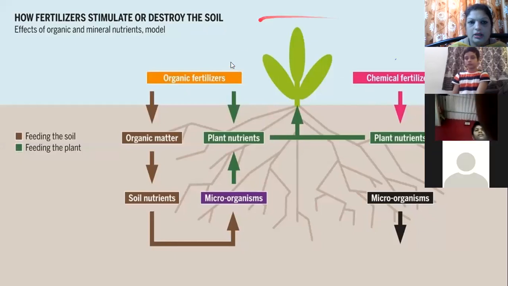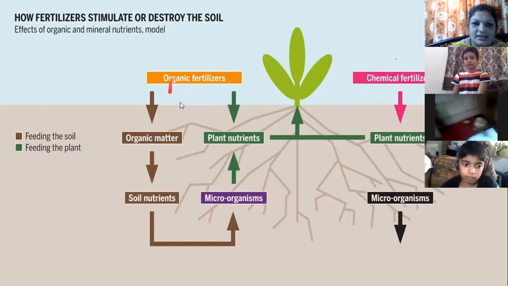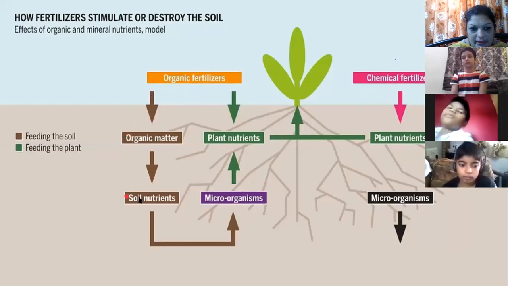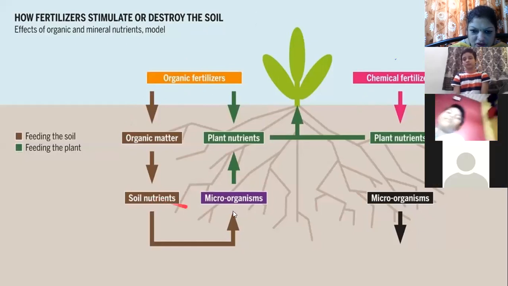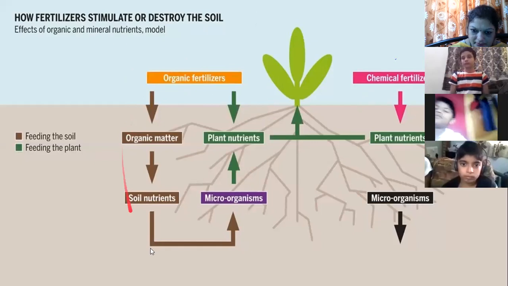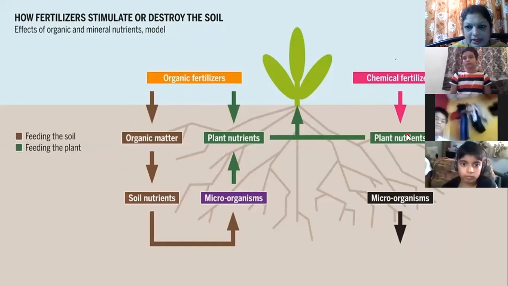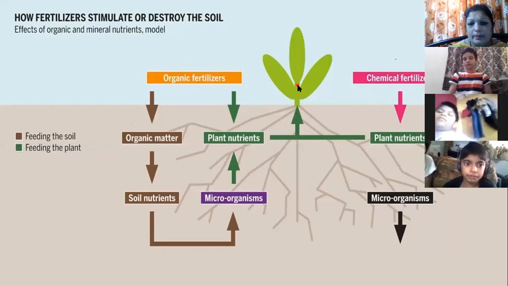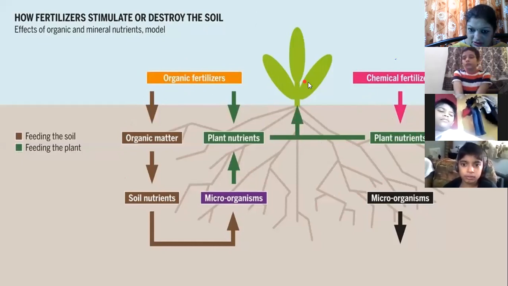Look here. Now these organic fertilizers are being mixed into the soil. The soil will provide nutrition, and this nutrition will be provided to the plants. This is organic. Now look here for chemical fertilizer. When chemical fertilizers are mixed into the soil, straight away the nutrition is provided to the plant. Understood?